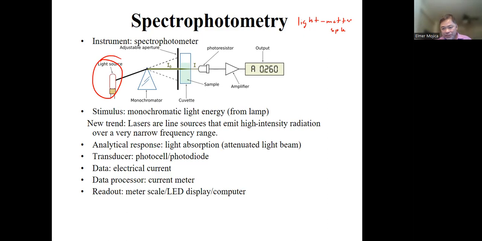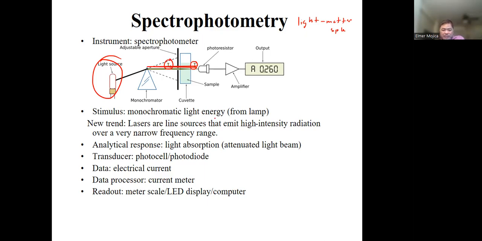So if you want to look at, let's say, a certain color, I want to look at what we call orange, you need a monochromator to make sure that only light at that certain wavelength will pass through the sample. And then there's the light that gets in and the light that gets out. So the difference on that is what? The light that is absorbed.